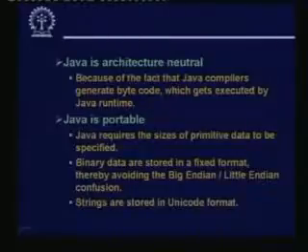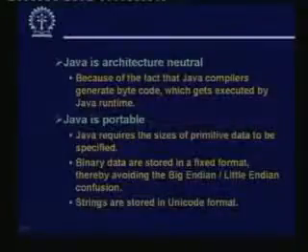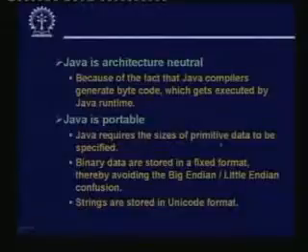The language Java is considered to be portable because the features of Java are very strongly typed. Whatever you use and specify in Java, there is no ambiguity anywhere. For primitive data types like integers and floating point, Java requires the sizes to be clearly specified. Binary data are stored in a fixed format across all machines.